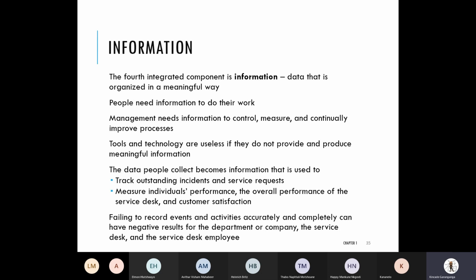Value is the perceived worth, usefulness, or importance of a product or service to a customer. So high quality customer service is literally the goal of every customer oriented company or department.